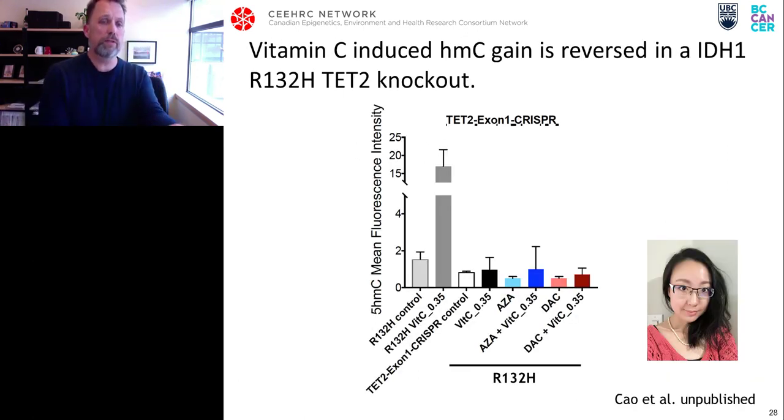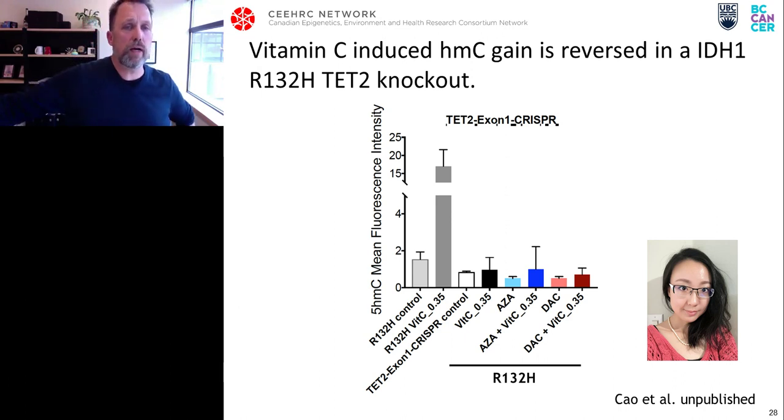So we then went on to confirm this result further by generating a CRISPR TET2 knockout, knocking out exon 1 of TET2. And again, on this panel, the light gray bar is the control. So this is the HOXA9 gain of function R132H IDH mutation. And then by addition of vitamin C, we see a gain of intensity, that's the dark gray bar. And then by knocking out exon 1, we can see that that gain is largely lost.